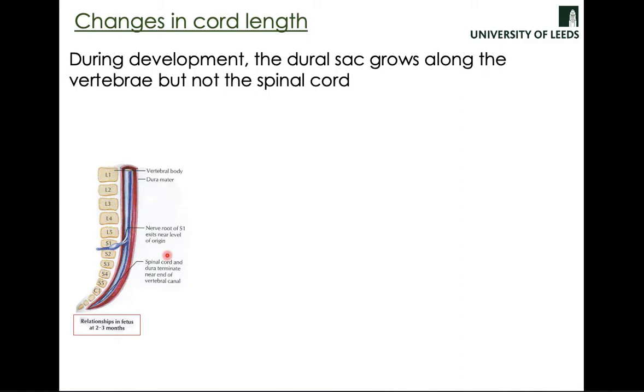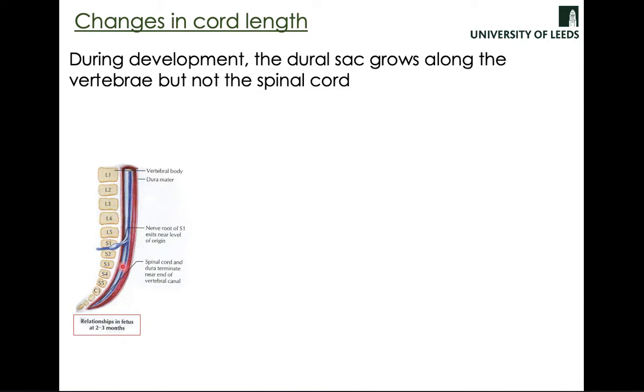I'm going to spend some time now telling you why the spinal cord ends before the vertebral column ends. And this is due to differential growth of the vertebral column as we grow. So let's look at that relationship between the spinal cord and the vertebral column in the fetus, around 2 to 3 months old.